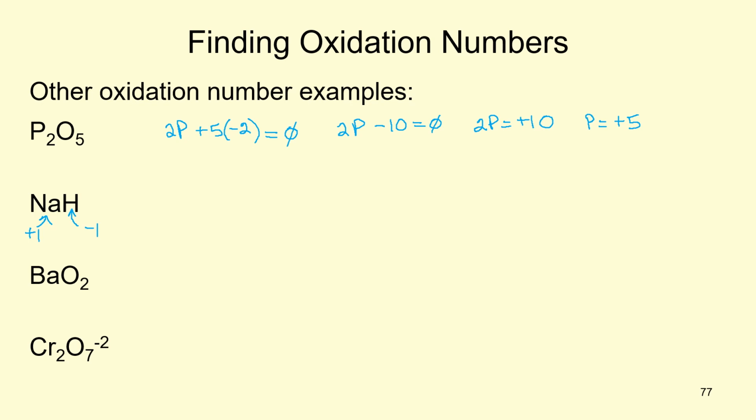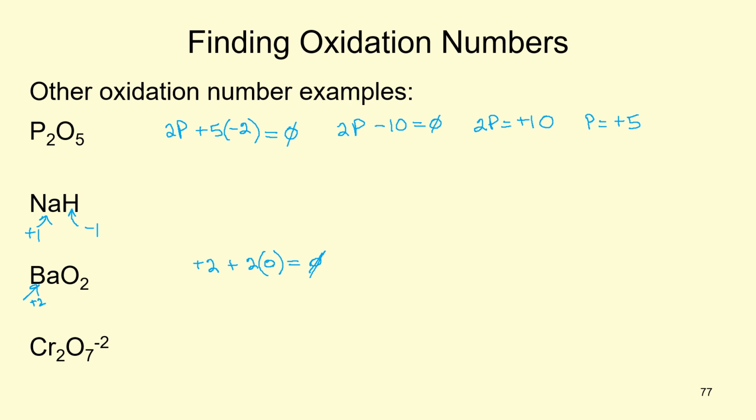Now this is one of those examples where the oxygen is actually not a -2. And the reason we can know that is because barium has a rule. Barium's in the second column. It's a +2. So +2 plus whatever oxygen is has to equal 0. That's why I put the line there so you can tell between oxygen and 0.